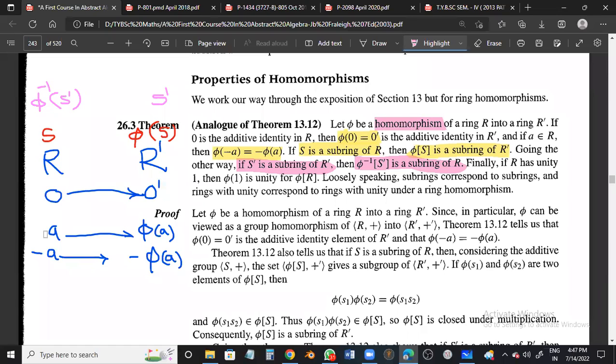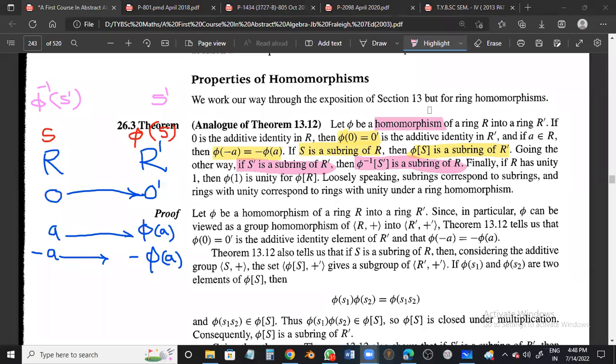So as you are watching, A goes to phi of A, so minus A goes to minus phi of A. I suppose you followed it. Got this point? So the additive identity goes to the additive identity. The negative of an element goes to the negative of the image.